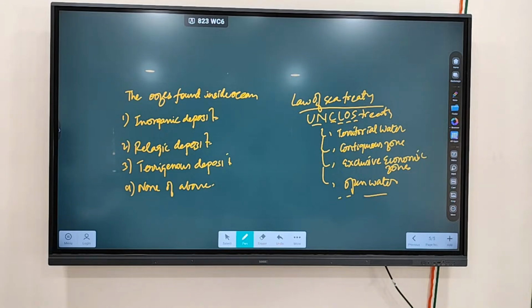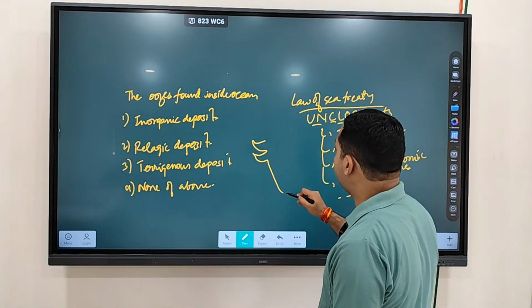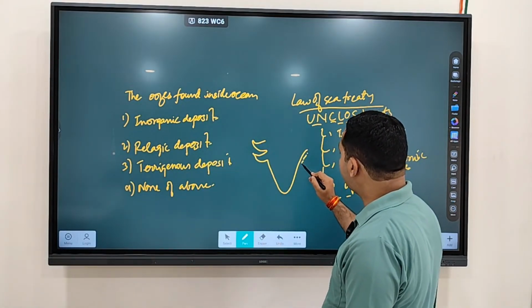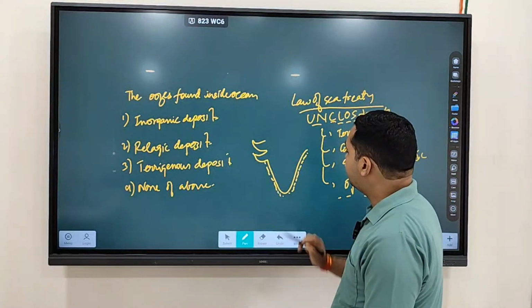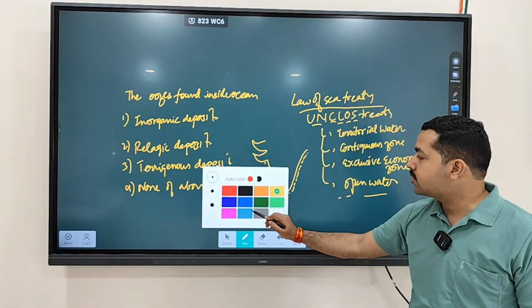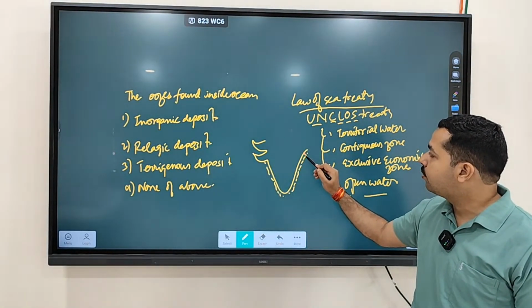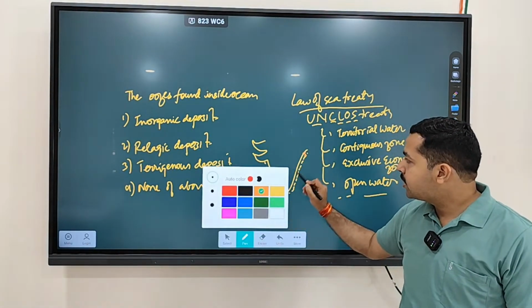Clear? What does territorial water mean? Let's say this is India. The certain waters around the coast of India are going to be called the territorial water of India. How much is the extension?